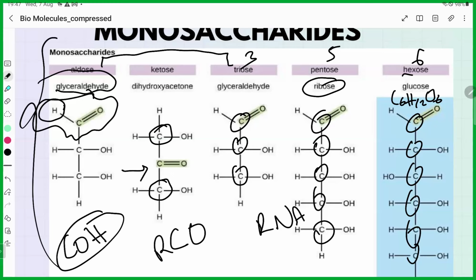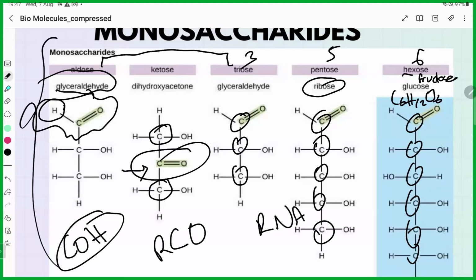Dihydroxyacetone is a ketose. Why? Because it has the functional group of ketone inside. Hexose, it's a glucose, and fructose, I guess. Fructose and the glucose. Now, if you look at the glucose, it has functional group COH.